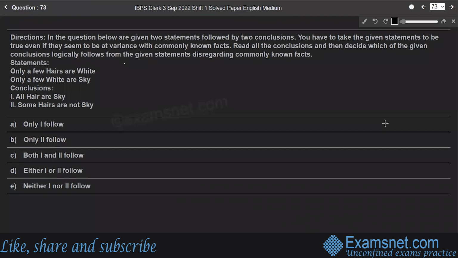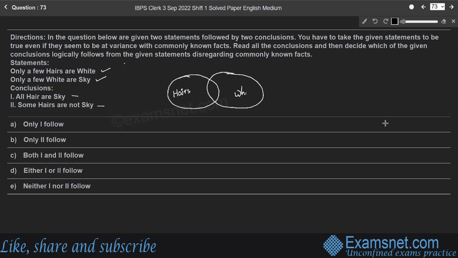In question number 73, there are 2 statements. We have to decide which of the given conclusions logically follows from the given statements. So let us represent these statements in one diagram. First one, only a few hairs are white. So there is a set of hairs and few hairs are white.